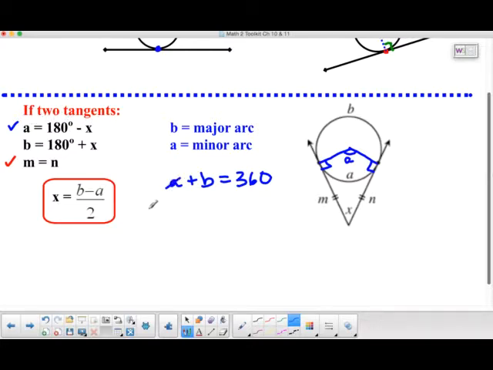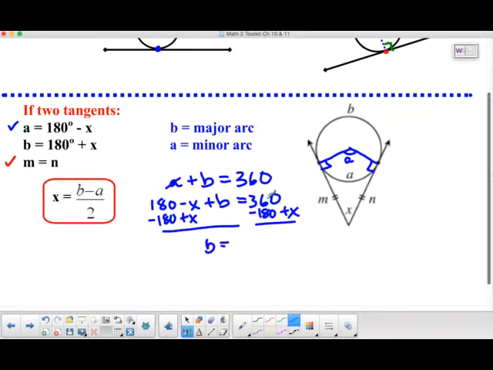So I'm going to cross it out and write 180 minus x, that's still B, equals 360. And now if I subtract 180 and add x, it turns out that B would equal 360 minus 180, which is 180 degrees, plus x. So that's where the second one comes from.